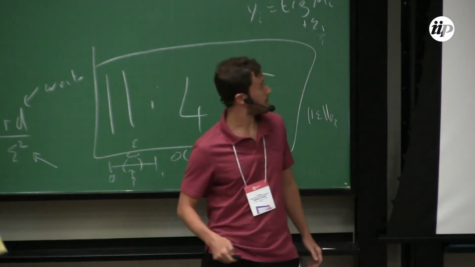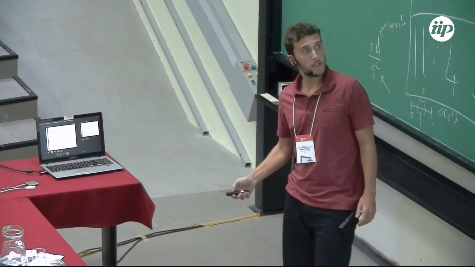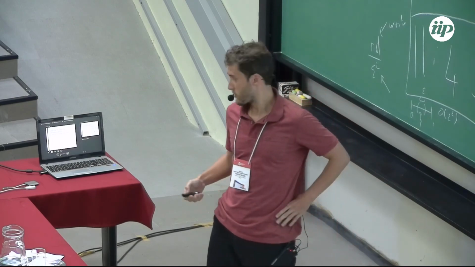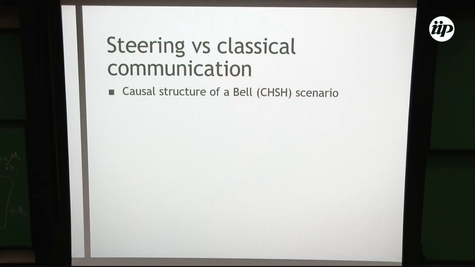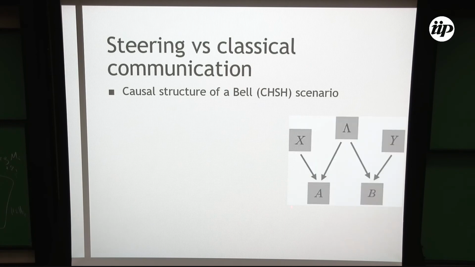So, first of all, Ranieri has shown it for me. We can describe a Bell scenario using causal structures, right? A Bell inequality is basically saying that you get a correlation which cannot be explained by this kind of all-classical causal structure, in which, of course, lambda is, as usual, the hidden or latent variable we don't have access to.